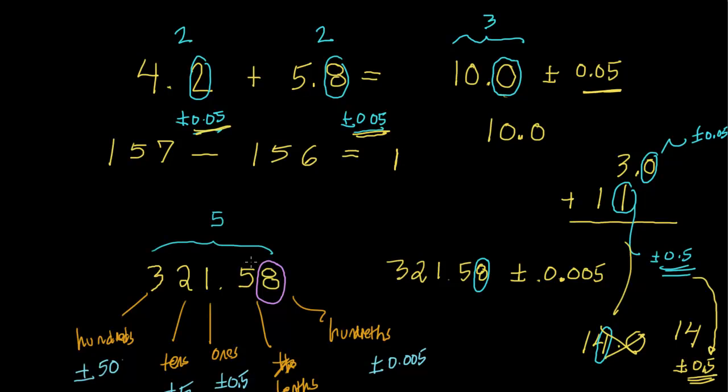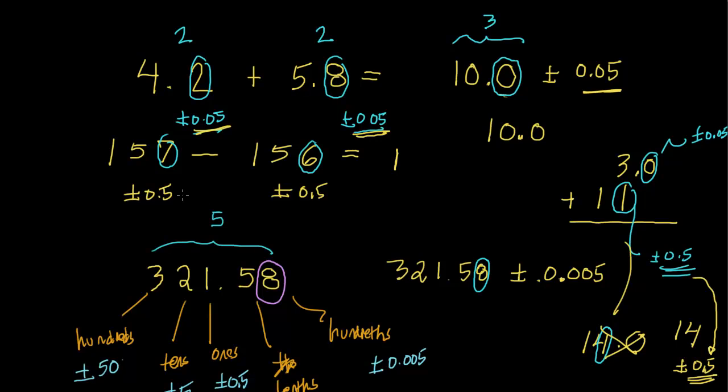And now we just have to figure out how many significant figures. Is it 1.0? Is it 1? Well, again, we're just going to simply apply the rule of using for the result the implied uncertainty that is the larger of the two. So this is 157 plus or minus 0.5, and this is 156 plus or minus 0.5, and in both cases it's the ones place that is the least significant digit.